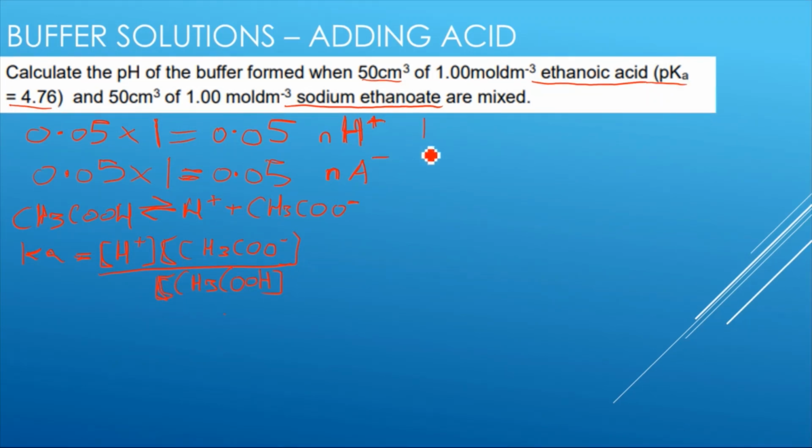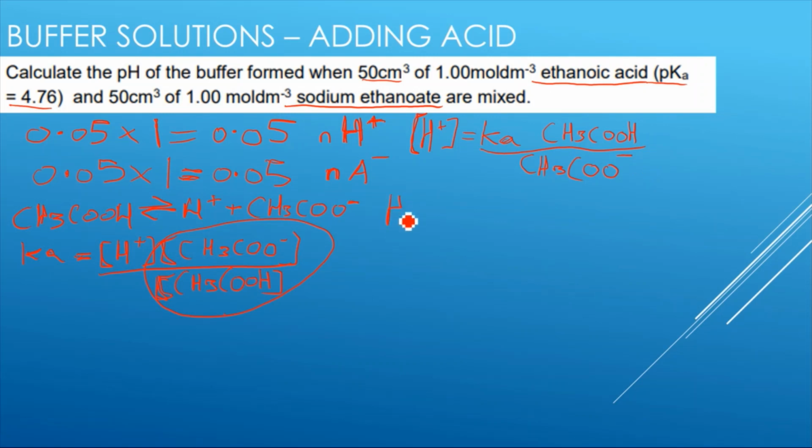Now for the next bit we could find the H+ concentration by rearranging this, but this bit's slightly different, because usually all of these have been concentrations, but now we would sub in the moles of these instead. So this would be Ka times the moles of CH3COOH over the moles of CH3COO minus.